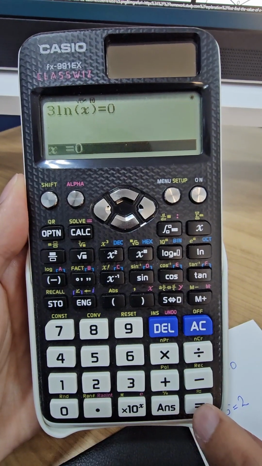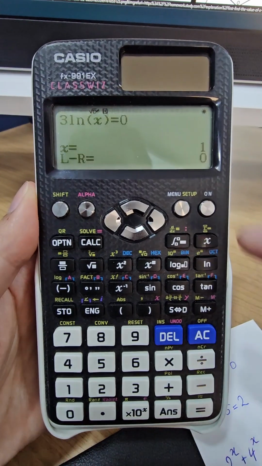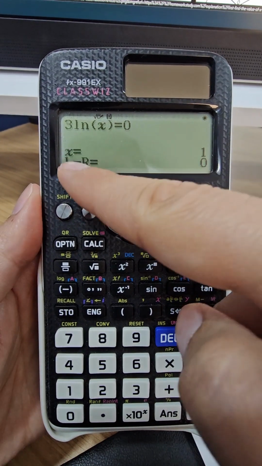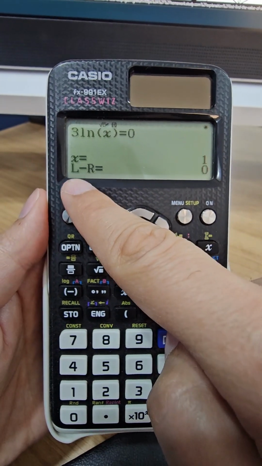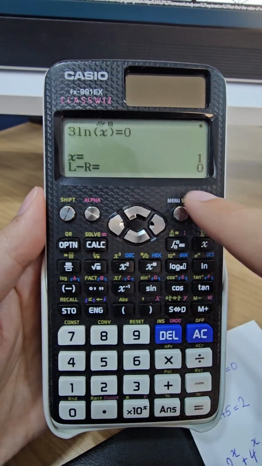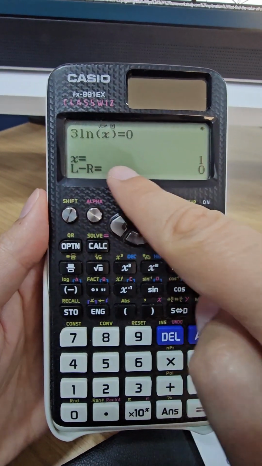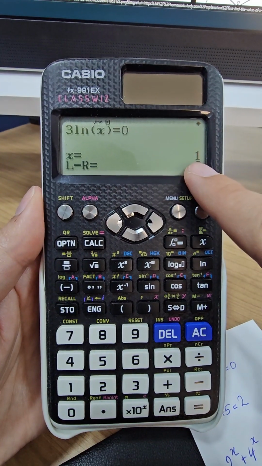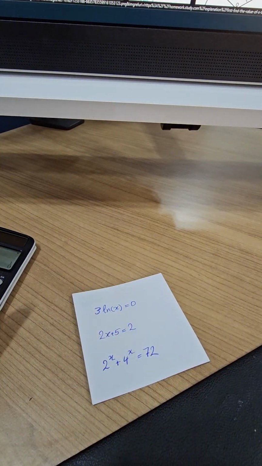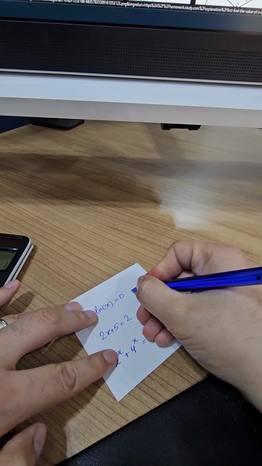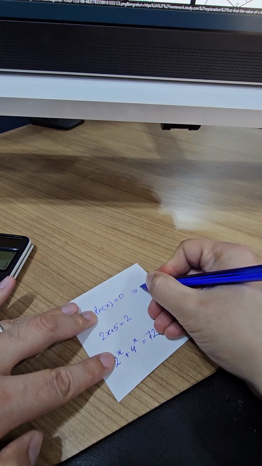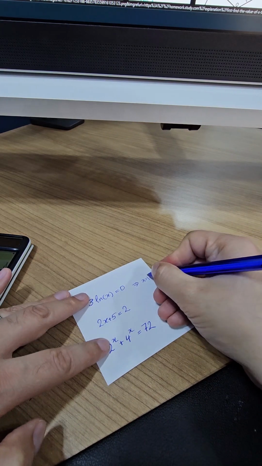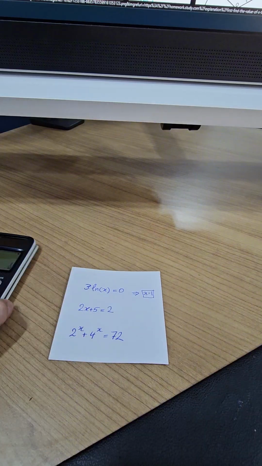Now I can make it solve for me. We will wait a few seconds, and here is the answer. When it says left side minus right side equals 0, this means this is the correct answer. So for this one, the value of x is x equals 1.